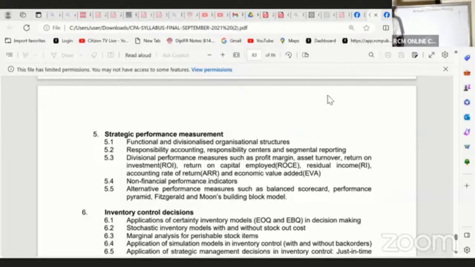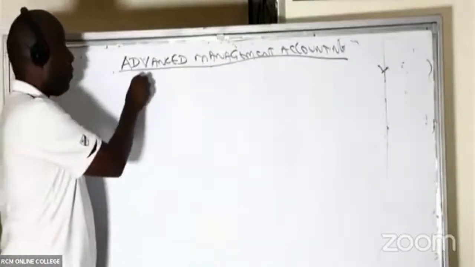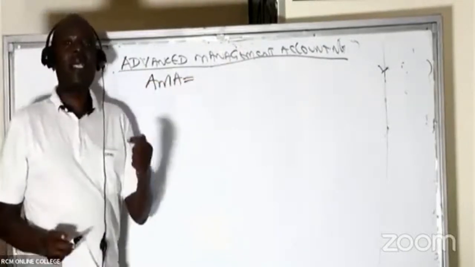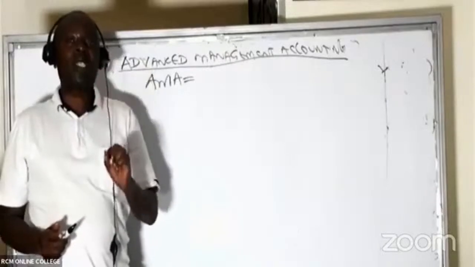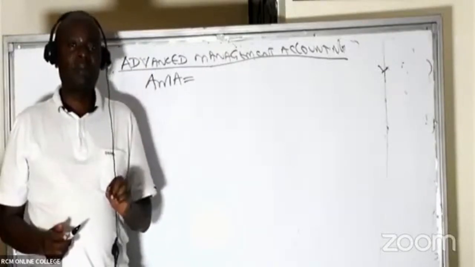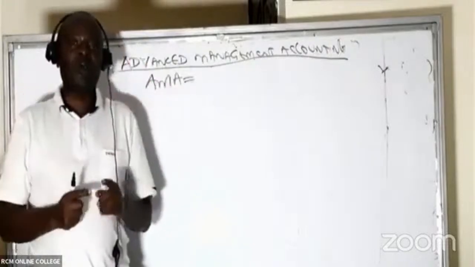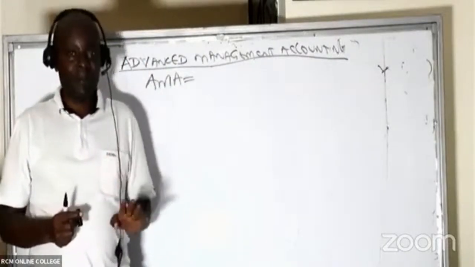Ladies and gentlemen, listen to me very well. Advanced management accounting is a beautiful paper. And that is why we are so happy that KASNEB introduced it as a compulsory paper. You can only be a fully baked accountant if you are also good in terms of AMA.